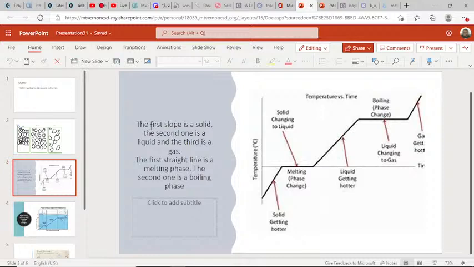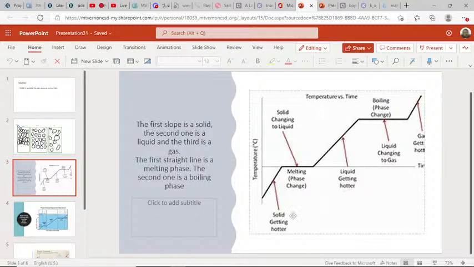When you're reading a phase diagram, if it's going from bottom to top, that means it's a heating curve, which means the phases are going up. It's going from solid all the way up to gas. If it's going from top to bottom, it's a cooling curve, so it's going from gas to solid.